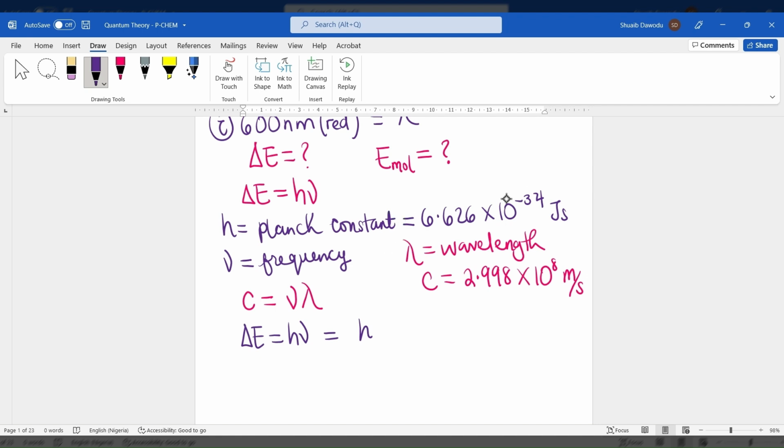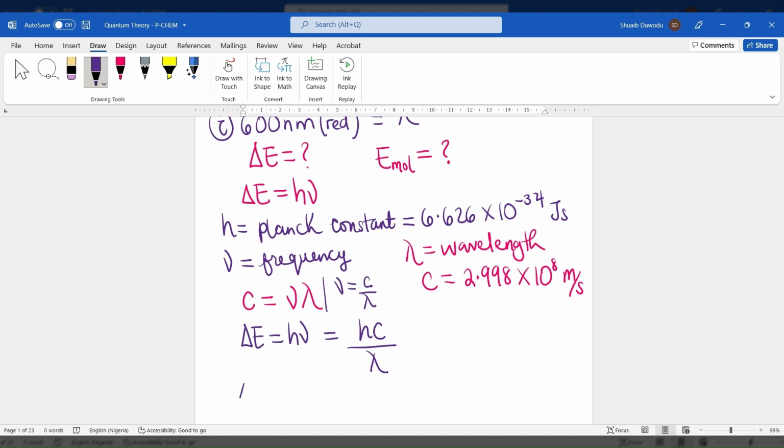And frequency is simply c divided by wavelength, speed of light divided by wavelength. So that would be hc divided by wavelength.